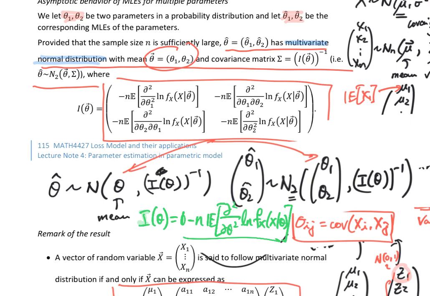For the two parameter case, I(theta) also contains this term, but because we have a function of two parameters, when we talk about the second derivative there are altogether 4 combinations. That's why it becomes a 2 times 2 matrix instead.